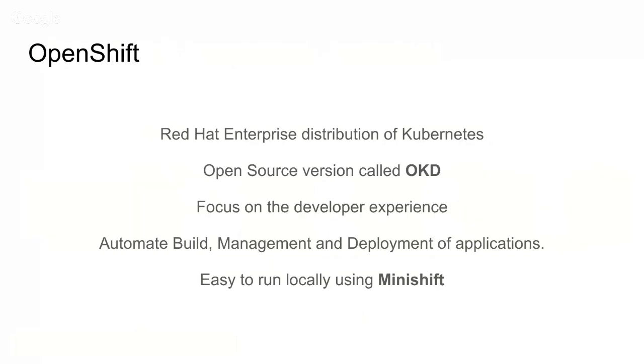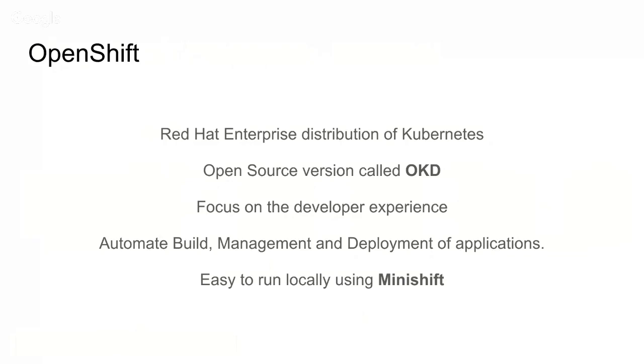Now that we've seen a quick overview of DRF, we will go into a bit more detail after the demo, when we look at some code. But now we can have a quick overview of what OpenShift is. OpenShift is the Red Hat Enterprise distribution of Kubernetes.